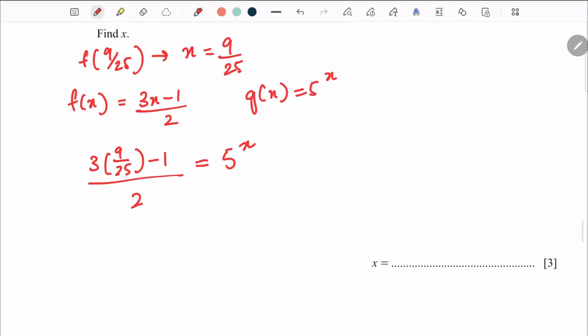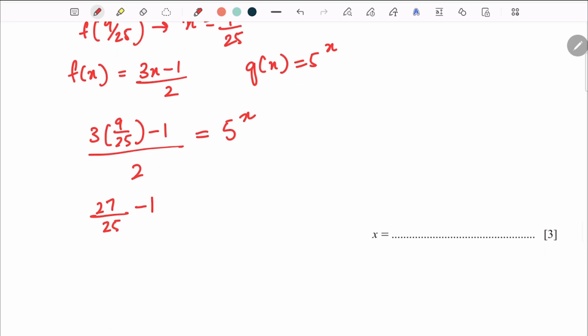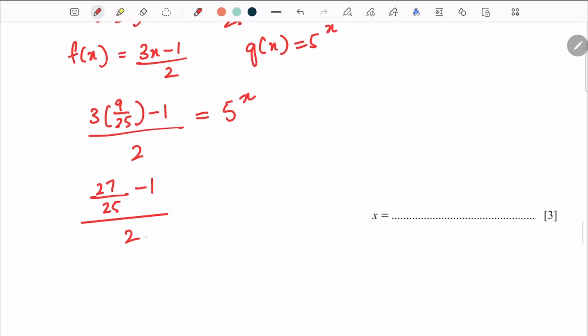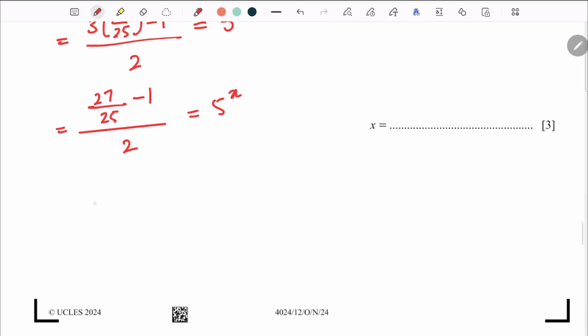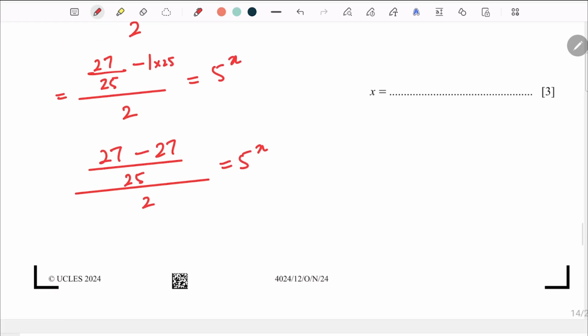Now when I multiply 3 and 9, I'll be getting 27 over 25 minus 1, all over 2, and this is equal to 5 to the power x. Then I'm going to find the LCM, that is 25. So 27 minus 1 into 25, over 2, is equal to 5 to the power x. And 27 minus 25 is 2.